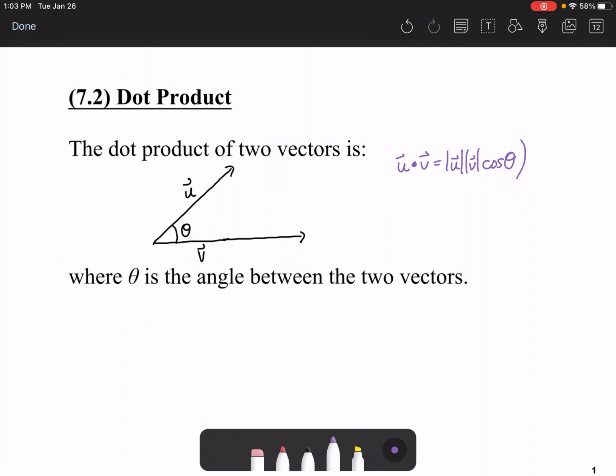So this is the dot product, or sometimes also called scalar product, because the result will be a scalar.